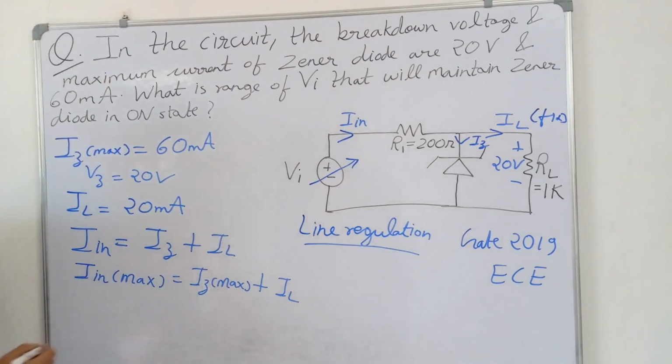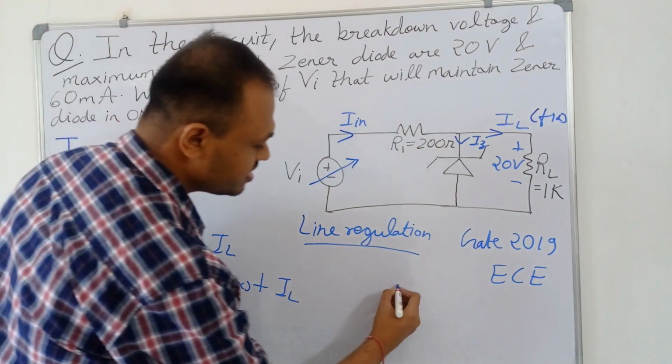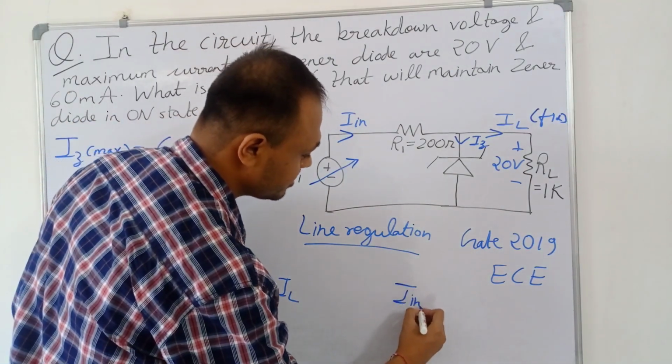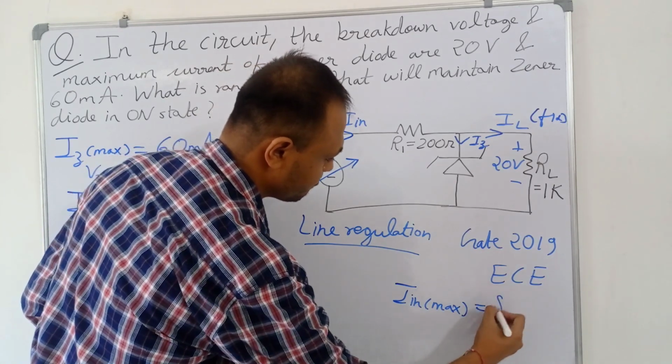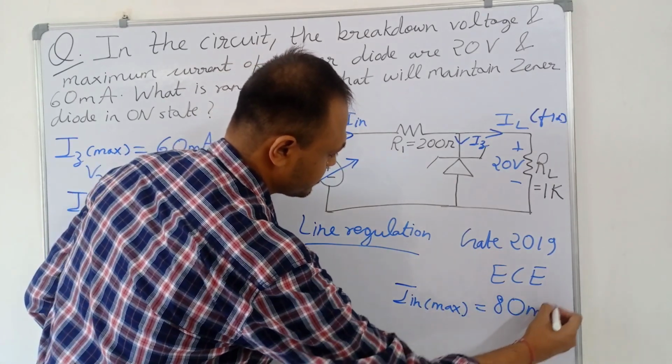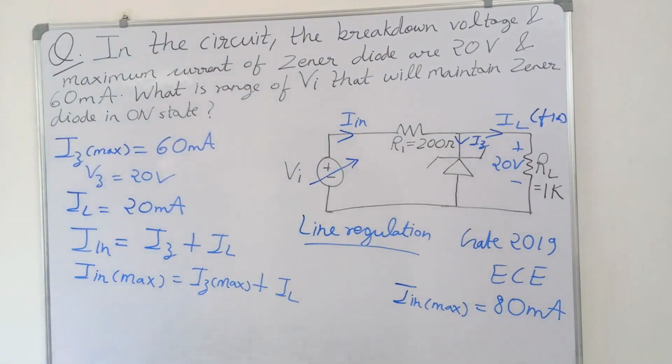So Iin maximum will be equal to 60 plus 20 equal to 80 milliampere. This Iin is variable because the input voltage is variable. Obviously the input current will be maximum when input voltage is maximum.